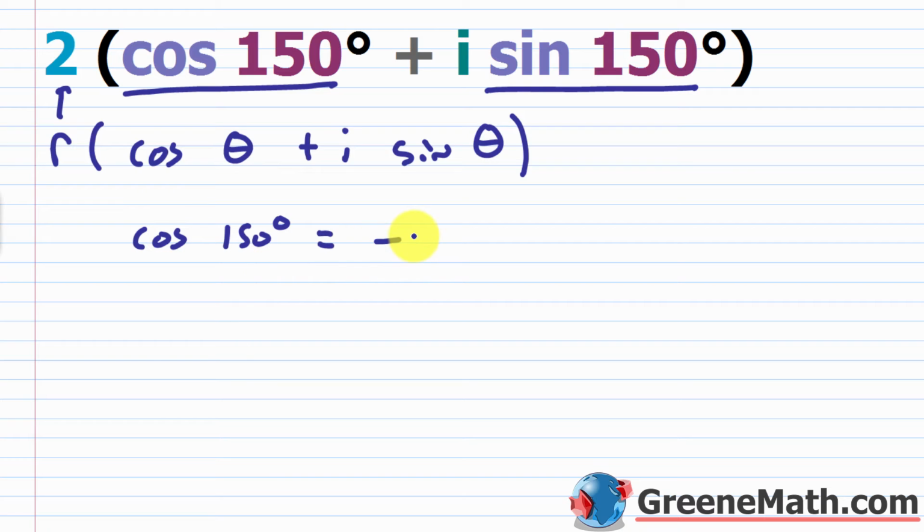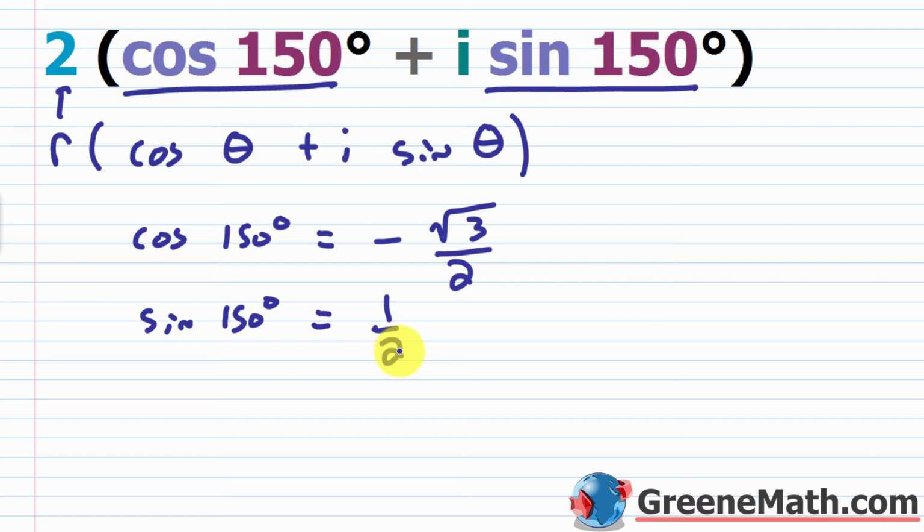Cosine is negative, okay? And the 30-degree reference angle, cosine of 30 degrees, is square root of 3 over 2. So I can say this is the negative of the square root of 3 over 2, okay? Then the sine of 150 degrees, same 30-degree reference angle, but again, I'm in quadrant 2, so sine is positive. This is going to be 1/2, okay? And positive 1/2 at that.